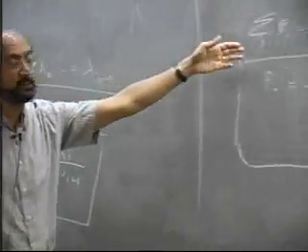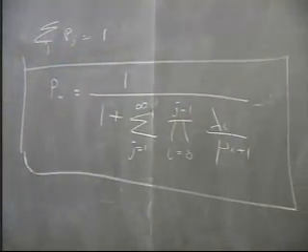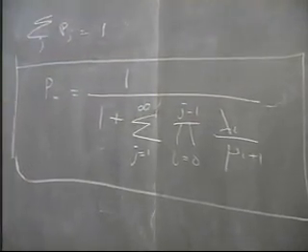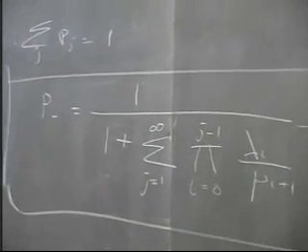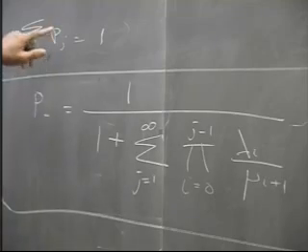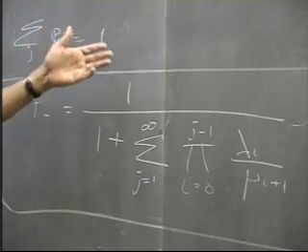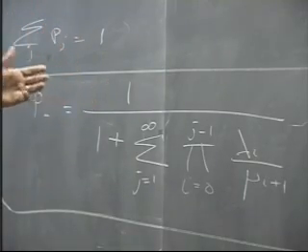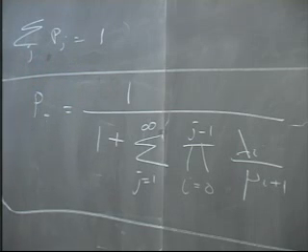I said the sum of all the pj's equals 1 because the sum of the probabilities of being in any state has to be 1. Got to be in some state. So we put this as p0 plus p1 plus p2 plus p3 and so on up to p infinity equals 1, and that's what I did over here.